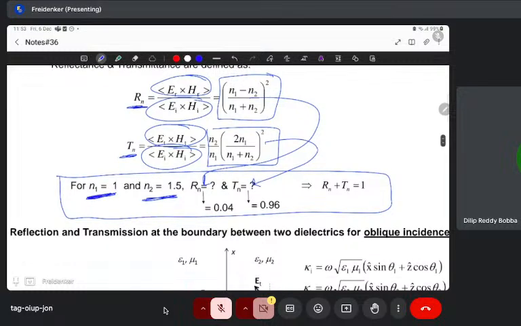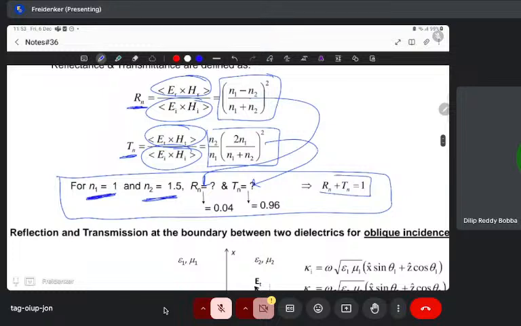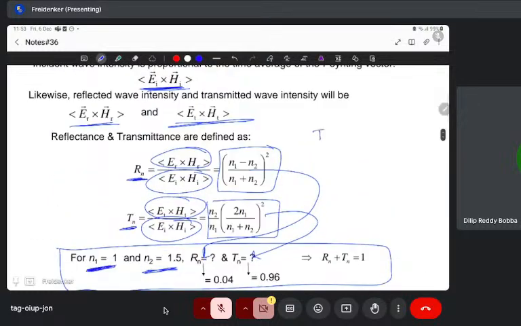Is this a property? Reflectance plus transmittance is 1. It means total intensity is 1. You're just splitting it, right? Because they're ratios. Okay, interesting. So it means if I add transmittance and reflectance, what will I get? In the denominator, I will have incident wave intensity.